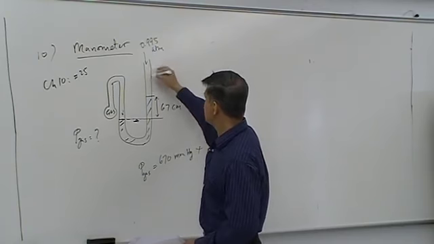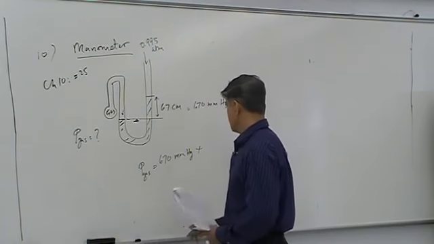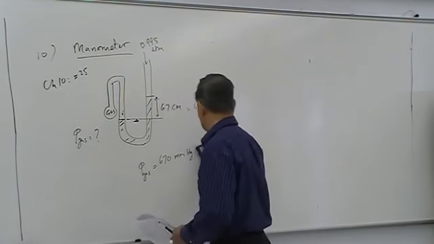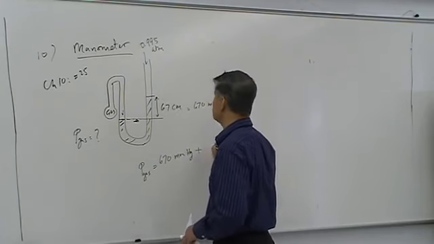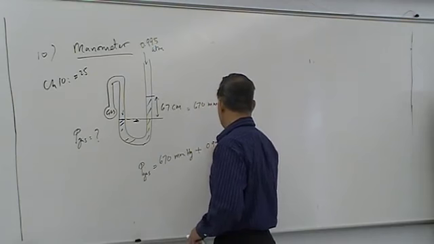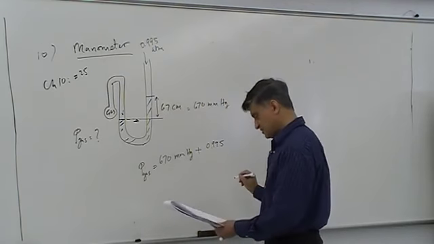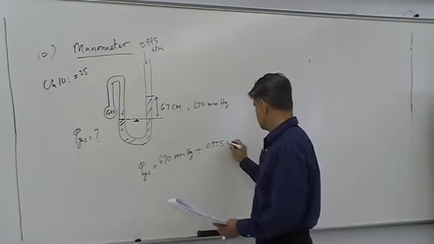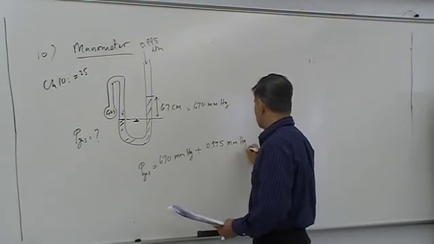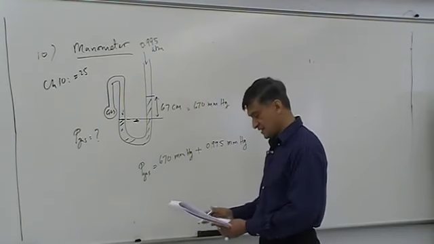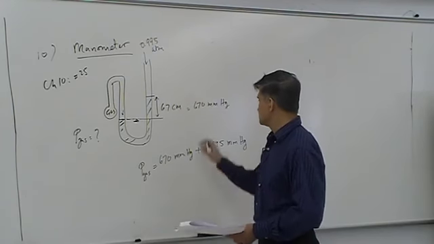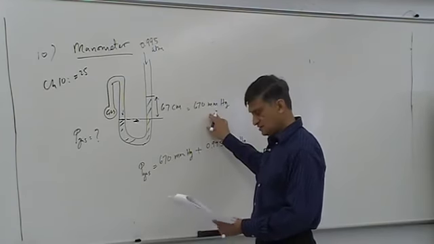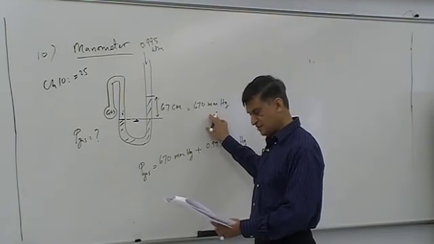Plus, I have this pressure, 0.995 atmosphere. That has to be changed to millimeter of mercury. Now, depending upon the question, if it is asking for everything in atmosphere, you need to change it to atmosphere. In this particular problem they're asking for the final answer in atmosphere.